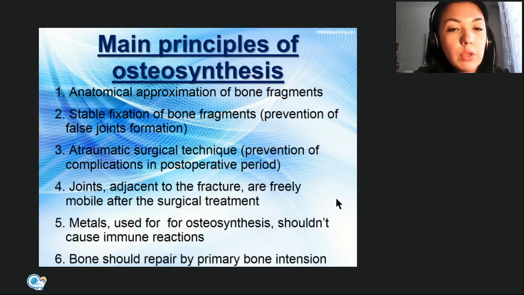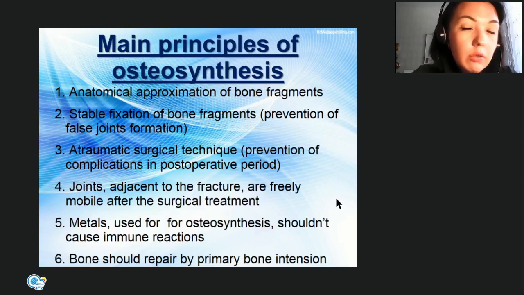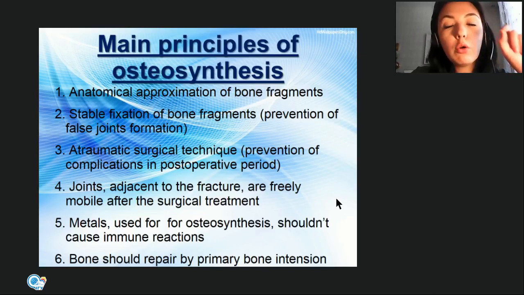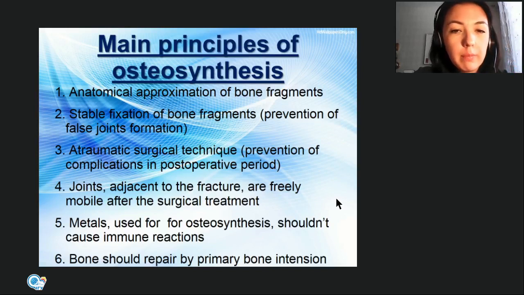Metals used for osteosynthesis shouldn't cause immune reaction. So certainly like suture material, anything we put inside the human body shouldn't cause immune reaction. Otherwise, we shouldn't put it into the human body, yes? And bone should repair by primary bone intention.